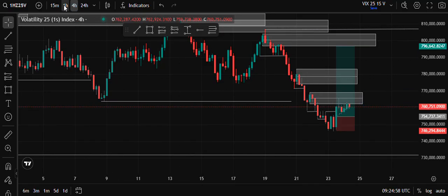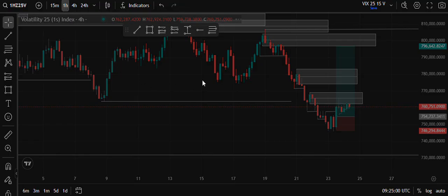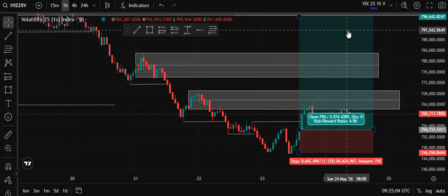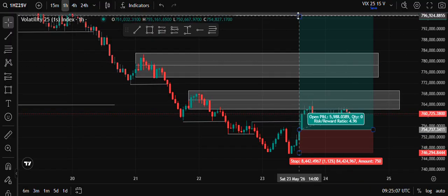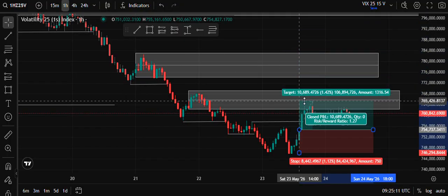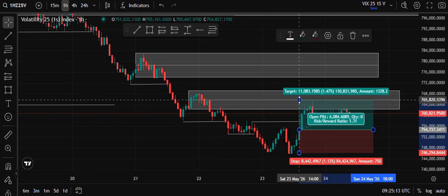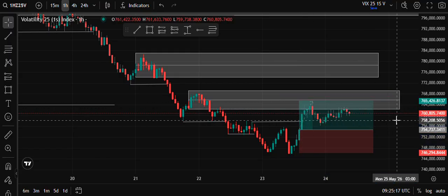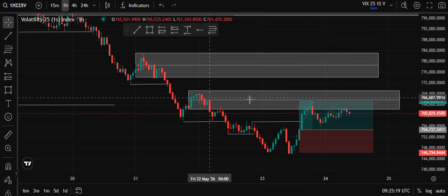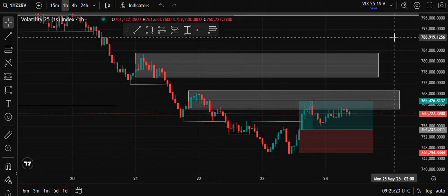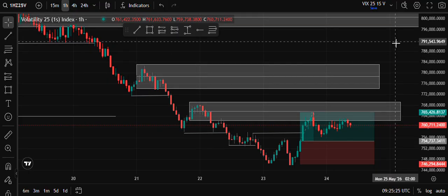Then we go to the 1 hour time frame, and if you move this all the way here, you could have been on that. You could have your TP there, if you put your TP at this level. But let's just see.